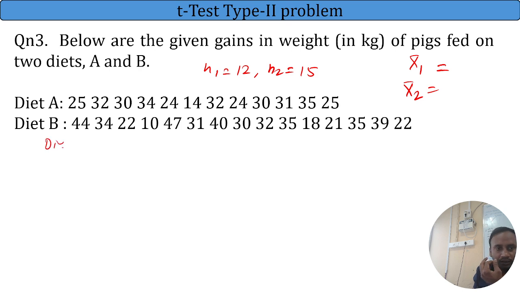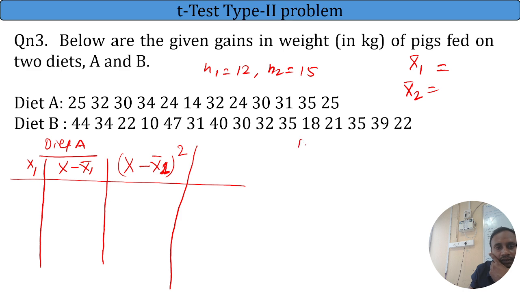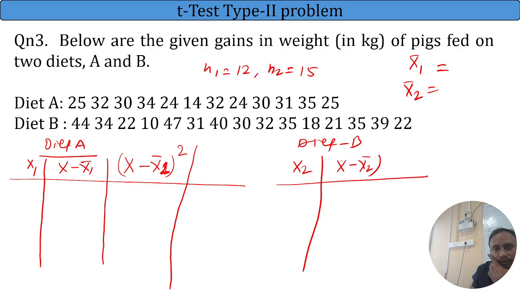So we'll take diet A first, X1 will be, then we have diet B, X2, x1 minus x1 bar, and x1 minus x1 bar whole square.